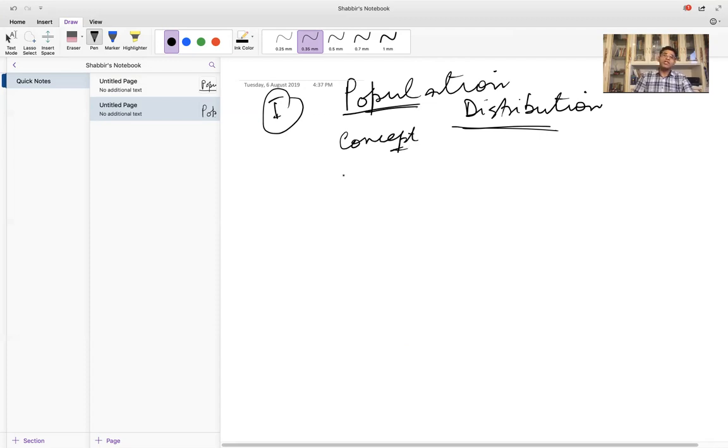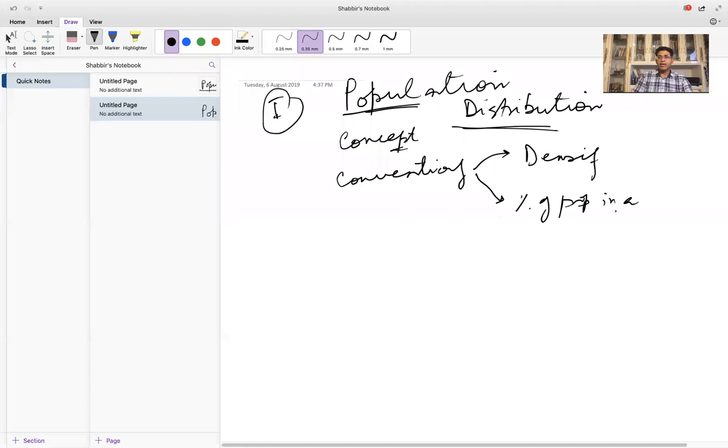Now, conventionally speaking, there are two ways we discuss distribution. One is in terms of density, and second is in terms of percentage of population in a region.